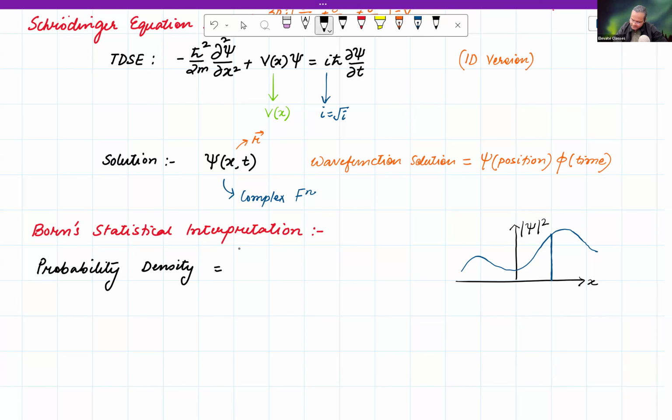So the probability density is given by psi(x,t) mod square, and because it's a complex function, this can be written as psi complex conjugate times psi. So this gives us an idea about the variation of the probability density.